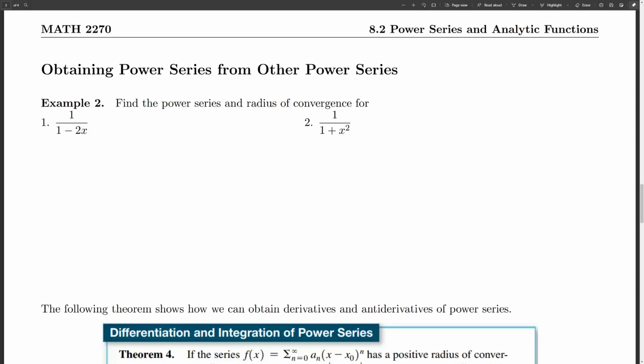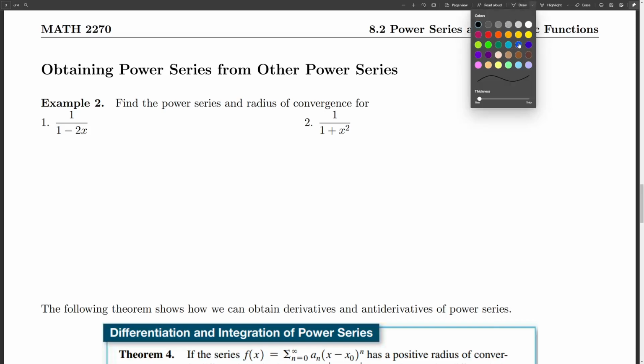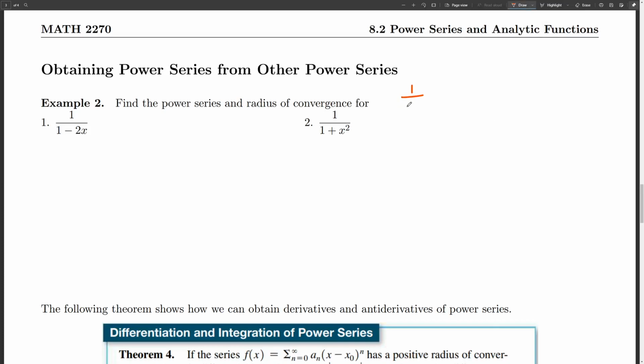In this example, we'll find the power series and radii of convergence for the following two functions. So what I'll do here is I'm going to write out the power series from the previous page.